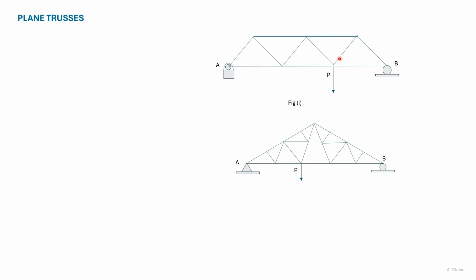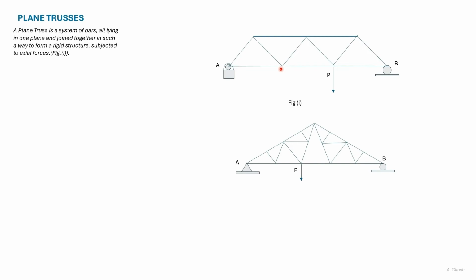So they may be tension or compression acting along the axis. The bars are considered weightless. The hinges can be pinned, can be welded, or can be riveted.